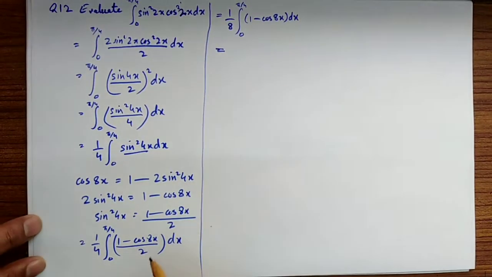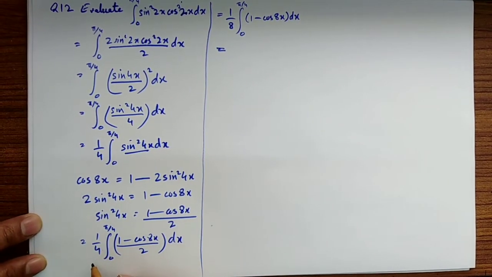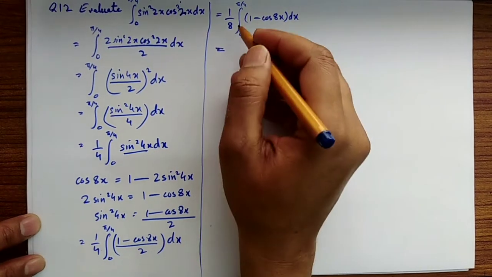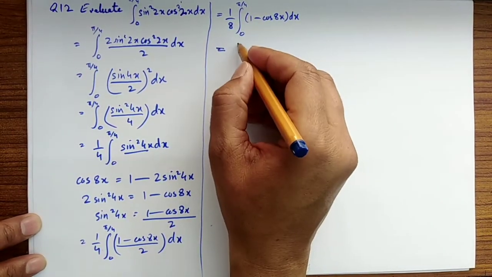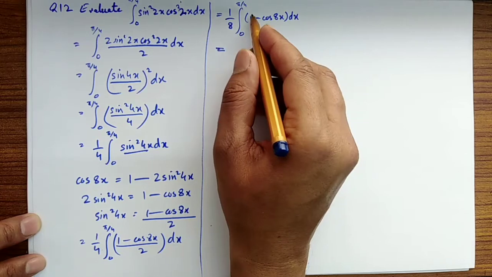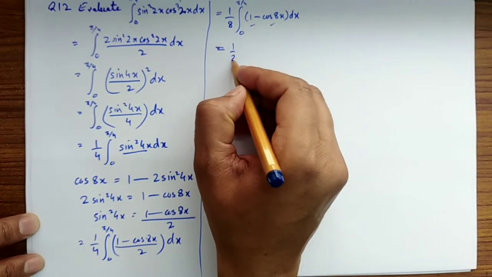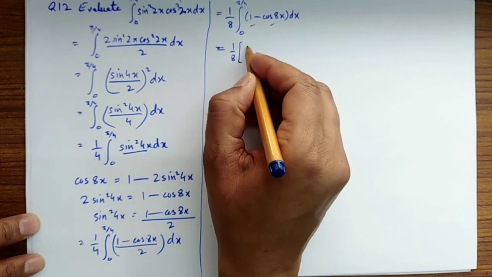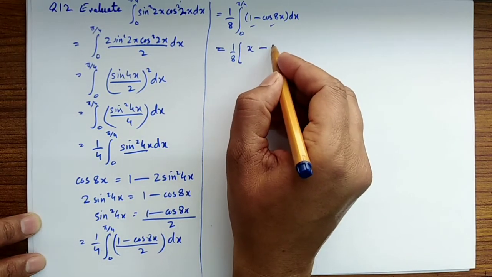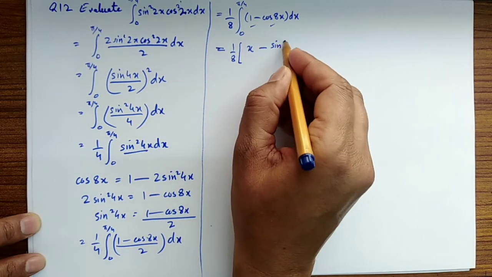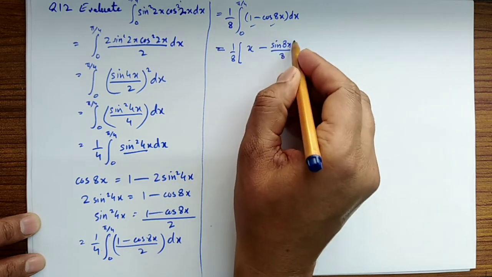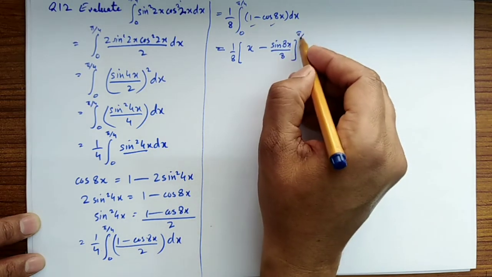So now applying the integral, I have multiplied this 2 outside here with 4, and now it's 1 upon 8. Now I'm going to apply the integral individually on 1 and cos 8x. This will give me x minus sine 8x upon 8, from 0 to pi upon 4.